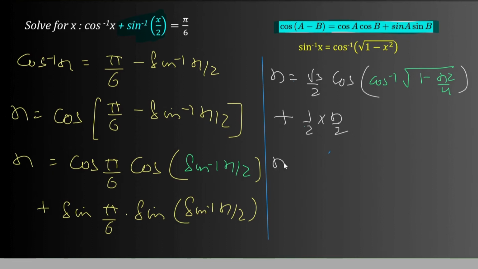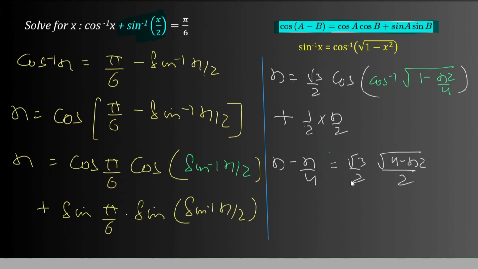So now we have x is, now I'm going to transpose this to the left hand side, right? Or this is what? x over 4. So if I write this on the left hand side, this results to give you root 3 by 2 times of cos into cos inverse x is x. So on simplifying this, what I can write? This as 4 minus x square over under root 4, and under root 4 is 2.